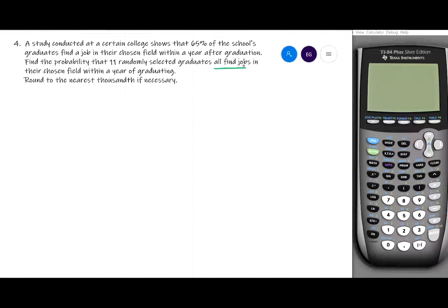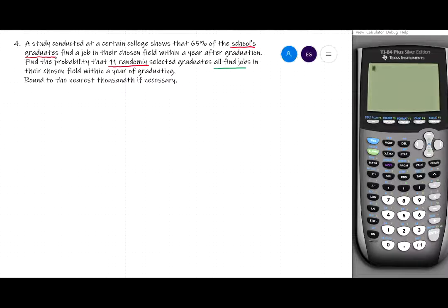Applying the 5% rule says if the group that we're looking at, which is 11 randomly selected students, is less than 5% of the universal set, which is all graduates from this school, which represents thousands of people, then we could look at this event as being independent.